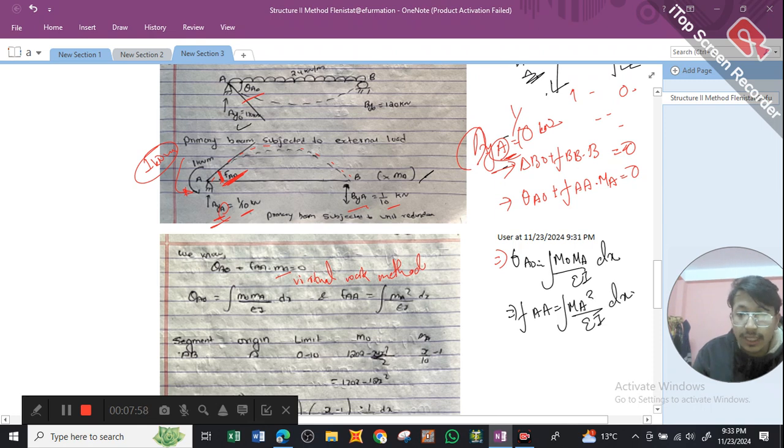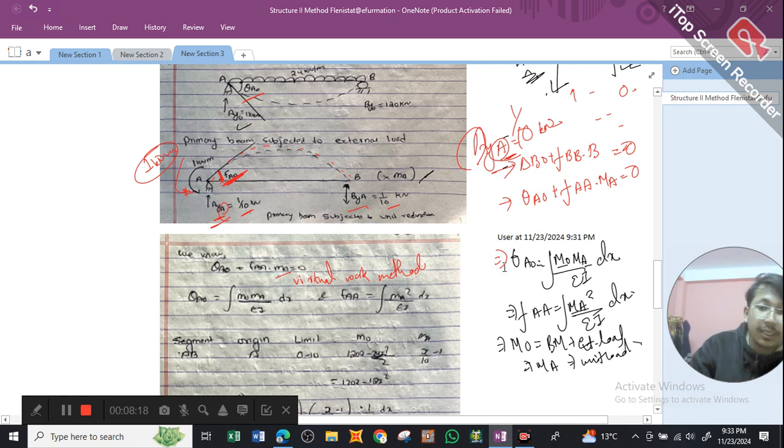I've already explained what M naught and MA are. M naught is the bending moment at any section due to external load, whereas MA is the bending moment at any section due to unit load.